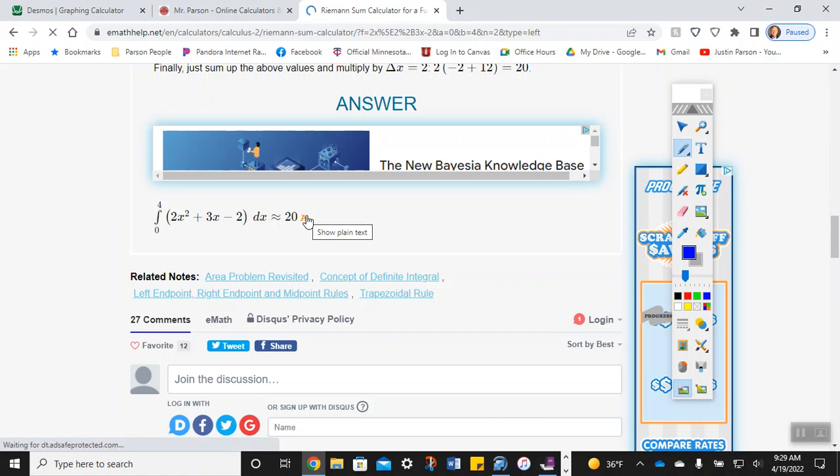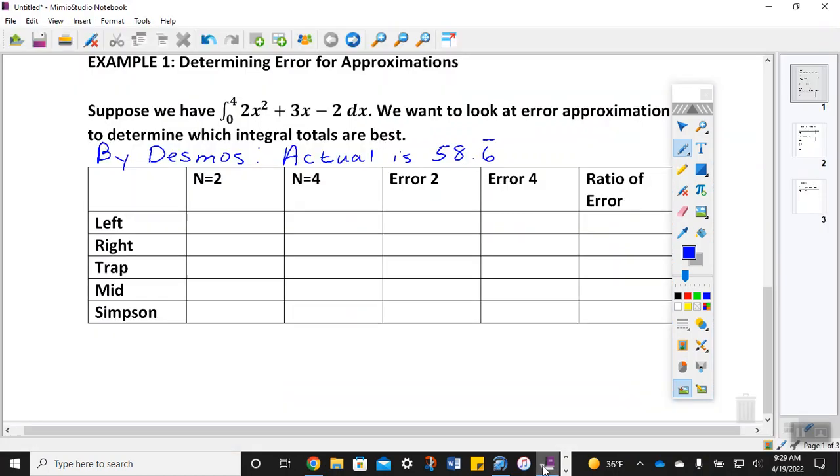So plus 12 times 2. Let's see, that would have been 10 times 2, right? So what's this give me for a value here as an approximation? 20, okay? So here's what I want to do, kids. This is pretty cool. We have a left-hand value of 20.